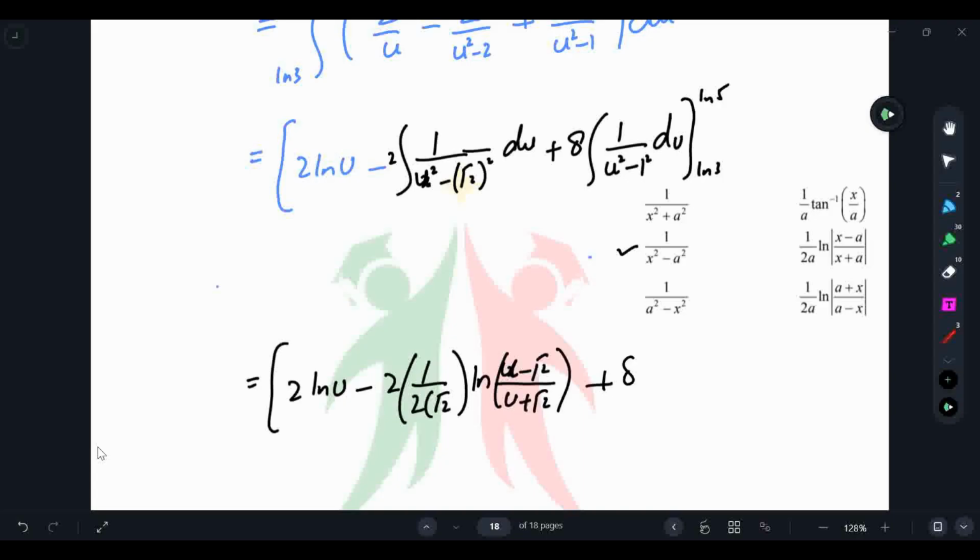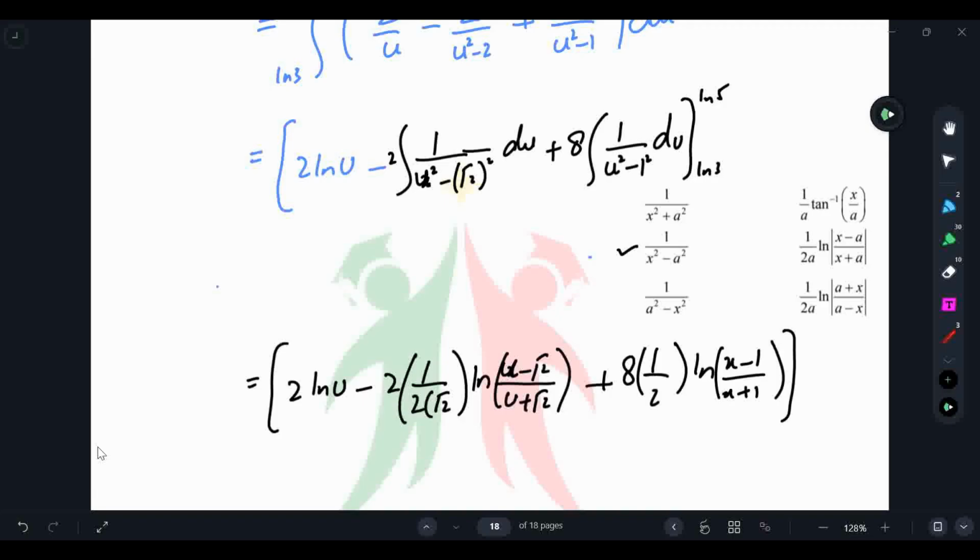Okay, plus 4, we can integrate the second portion. Now our a is 1, so this will be 1 by 2 into natural log of x minus 1 divided by x plus 1.